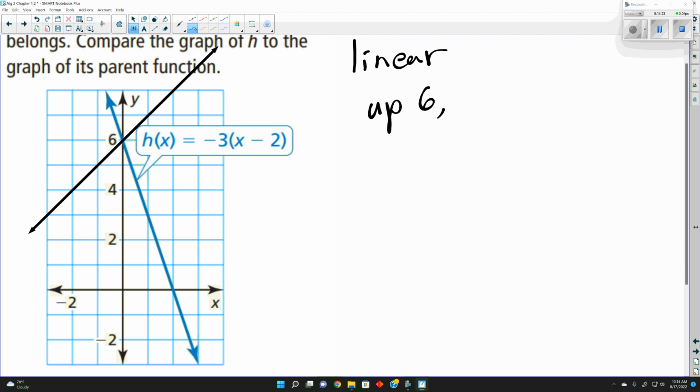And we'll get more specific details about how it's reflected, but it is being reflected because it's not going up anymore, it's going down. And really we would say across the x-axis.